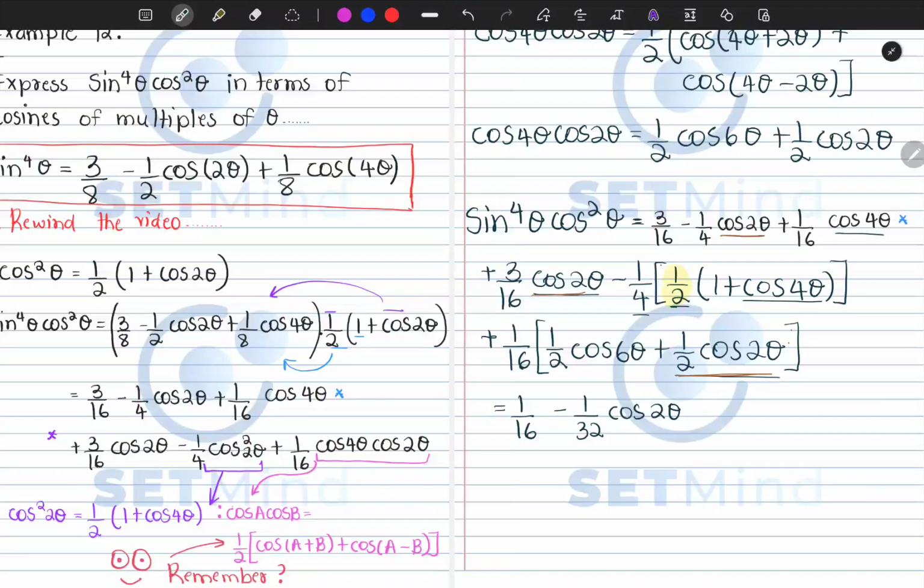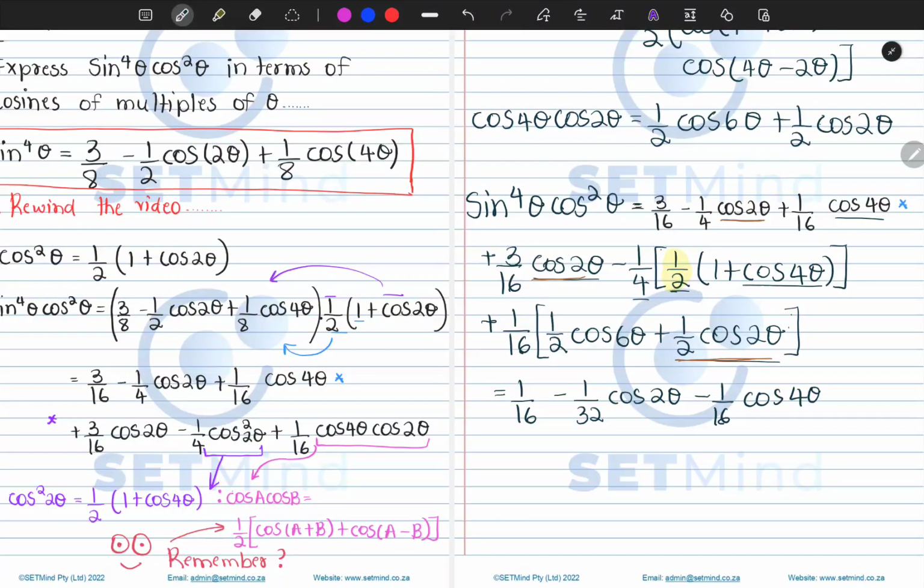So this will be 1 over 16 minus 2 over 16, which will just be minus 1 over 16. That will be cos of 4 theta. And then the last one will be the 6th one, which will just be plus 1 over 32 cos of 6 theta.